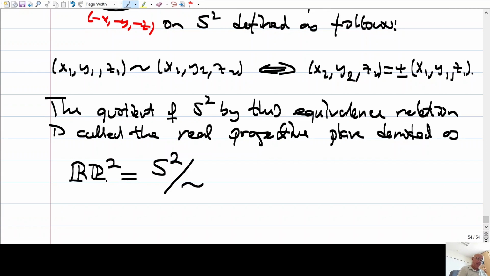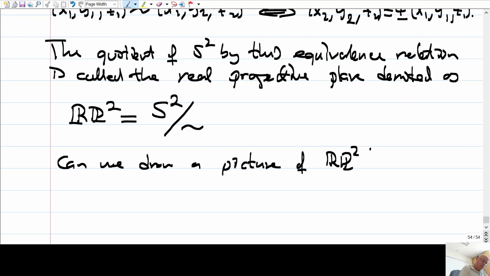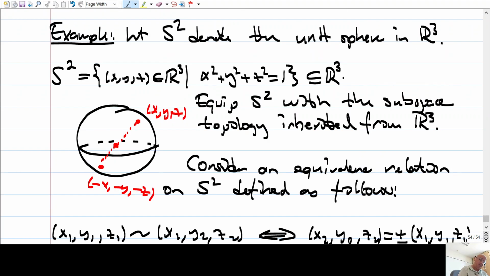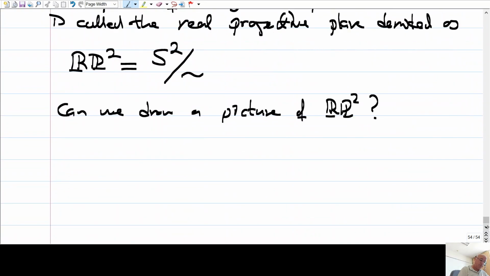Well, what kind of object is this? Okay. Can we draw a picture of RP2? Okay. We can draw the sphere, right? I did. Here is the sphere. So can we do the same for RP2?